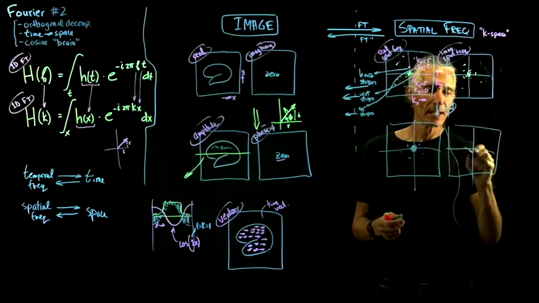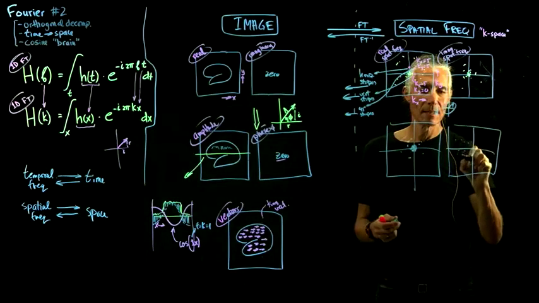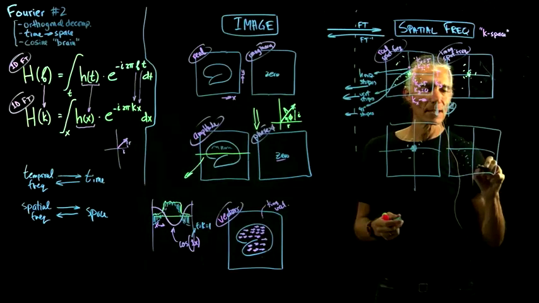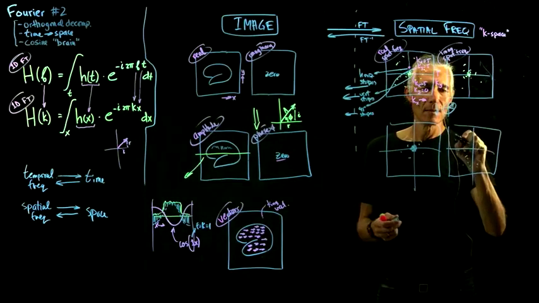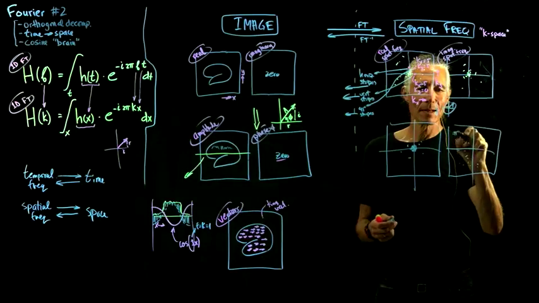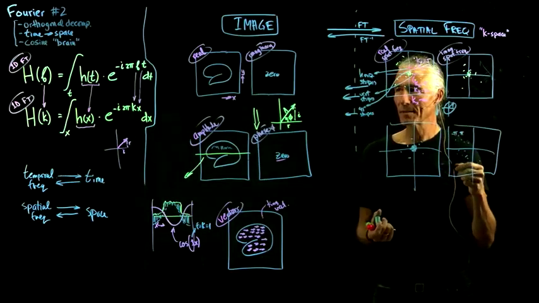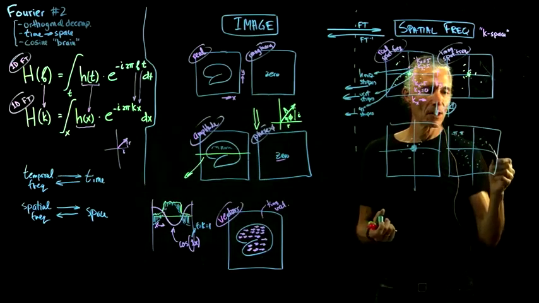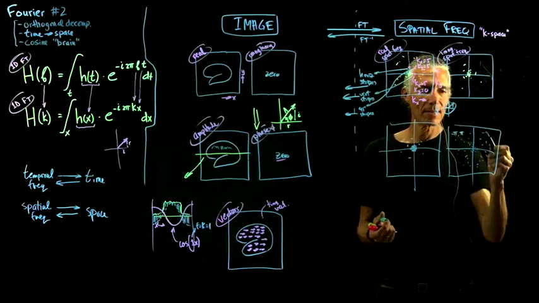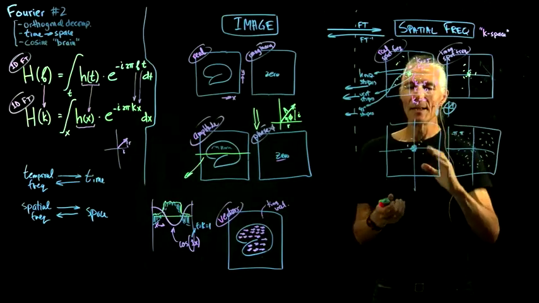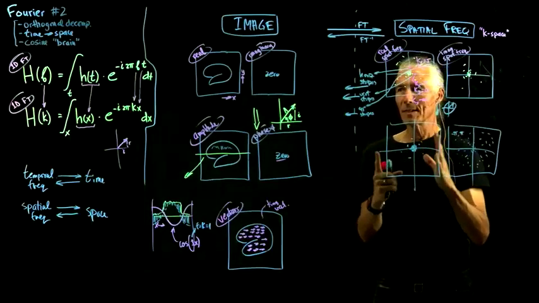But for the phase case, it looks now just like numbers that go between minus pi and pi, minus 180 to plus 180, or 0 to 360, either way, same thing. And so they're just all over the place. They're no longer concentrated in the middle because they just represent the offset for each of these stripe patterns.